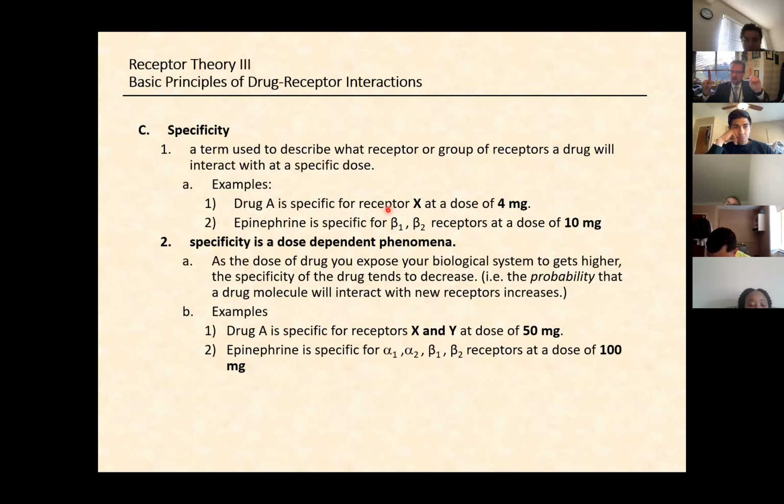It can tell the difference and it has a preference for beta receptors. And if we were to say something about the specificity, we have to get more detailed: of the beta receptors that epinephrine can interact with, it is specific for beta 1 and beta 2. You'll see these terms used all the time in the pharmacy literature when we're talking about drugs, selectivity and specificity.